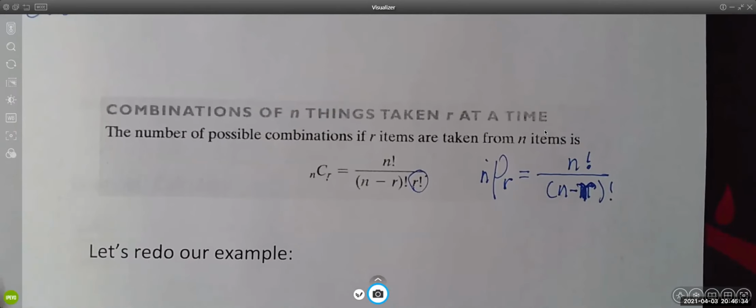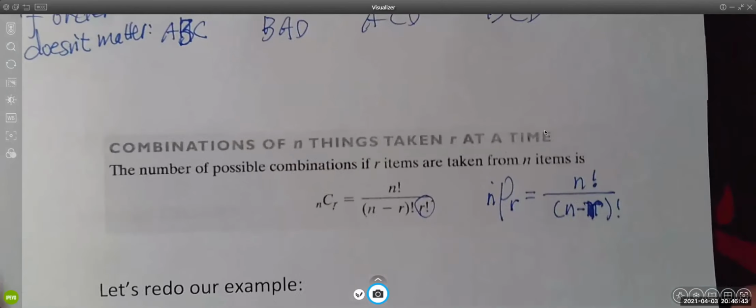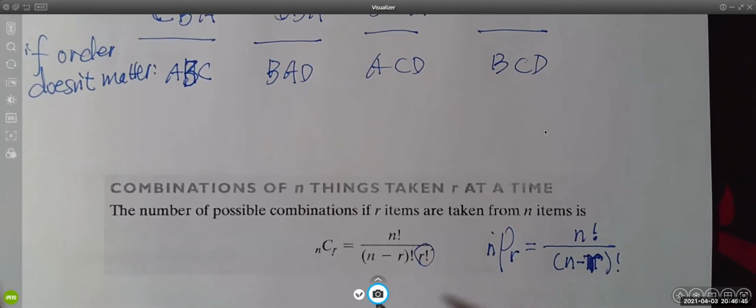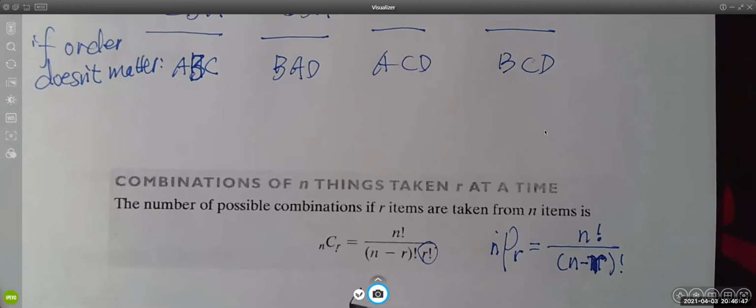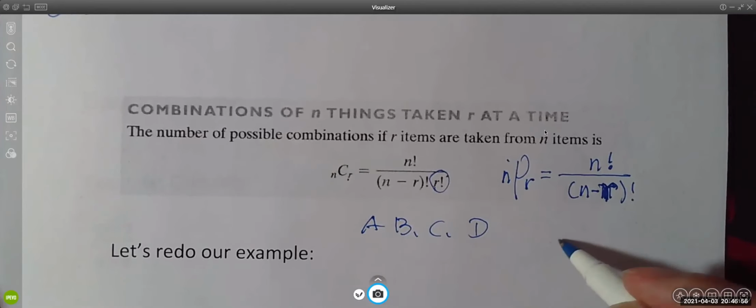Okay, now this time, let's redo the example. We already know that we select 3 letters out of 4. Select 3 letters out of 4 where order makes no difference. Where order makes a difference, we know the answer is 24.